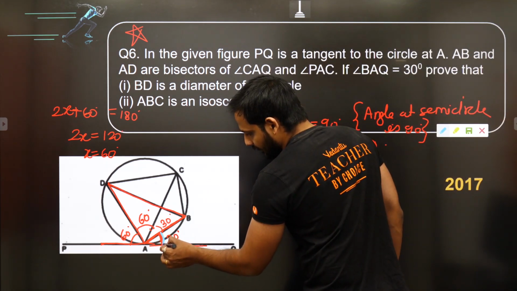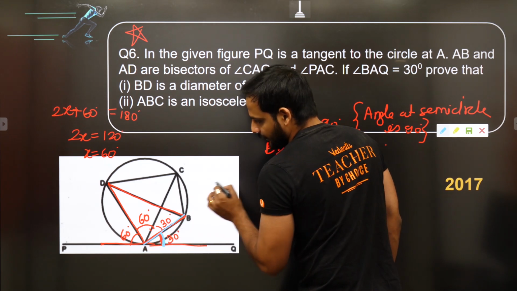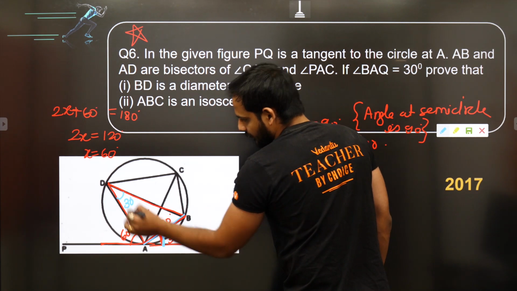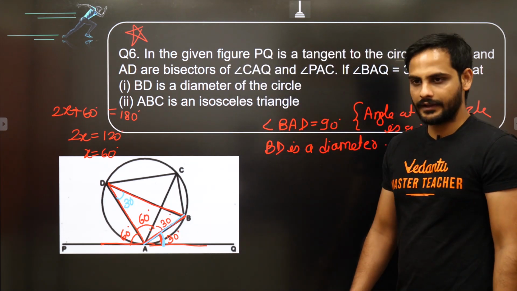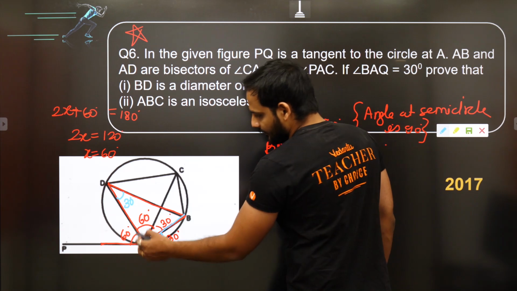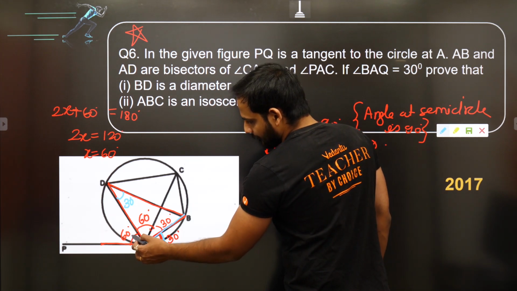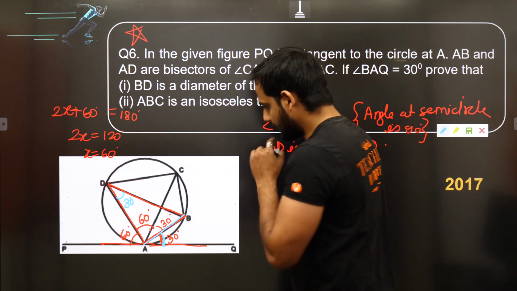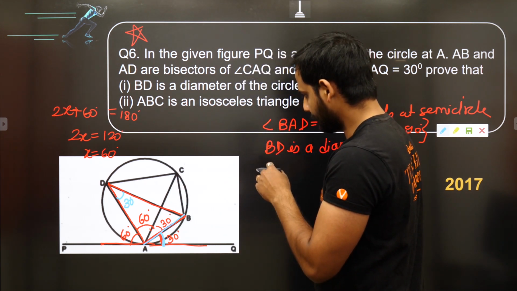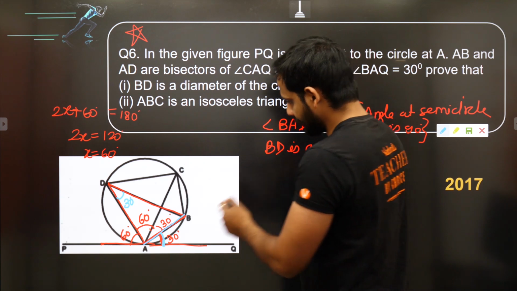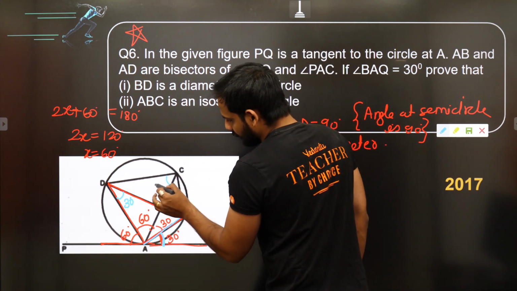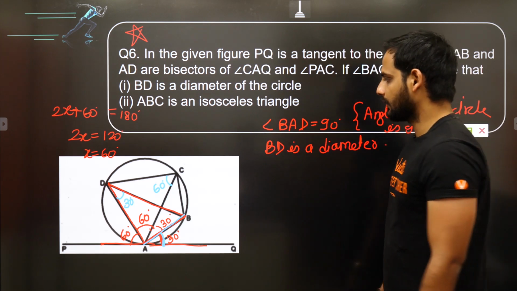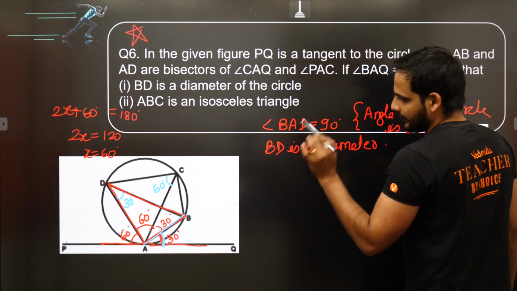If this angle is 30 degrees, I can say this angle will also be 30 degrees. And if this angle is 60 degrees, I can say this angle will also be equal to 60 degrees. Okay? Now listen, so we have used the alternate segment theorem.